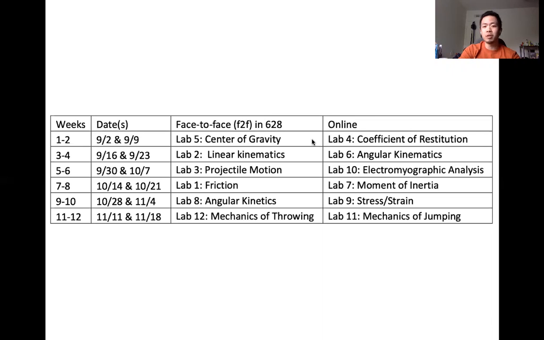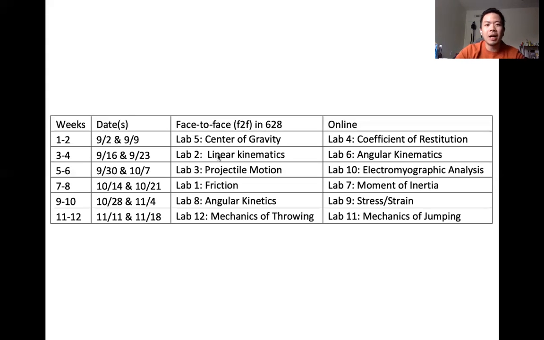For the first module, you'll be taking lab 4 as your first lab, and lab 5 as your second lab. We keep the lab numbers the same as before because that links to the lecture better, but due to the adjustment for the pandemic, we changed the order a little bit. I'll still make sure I explain the concept well.